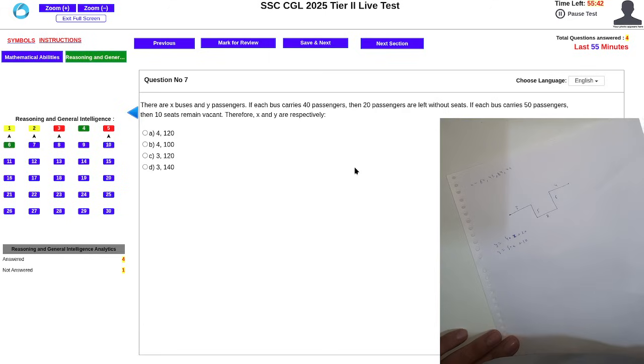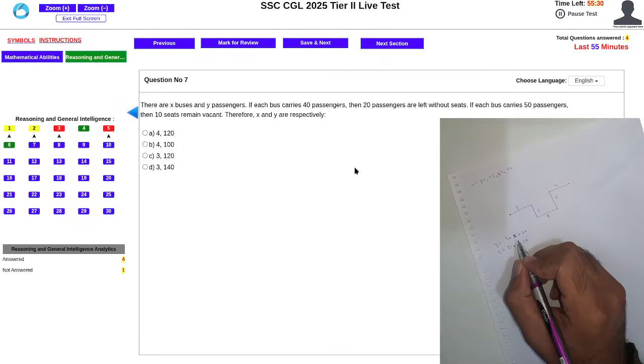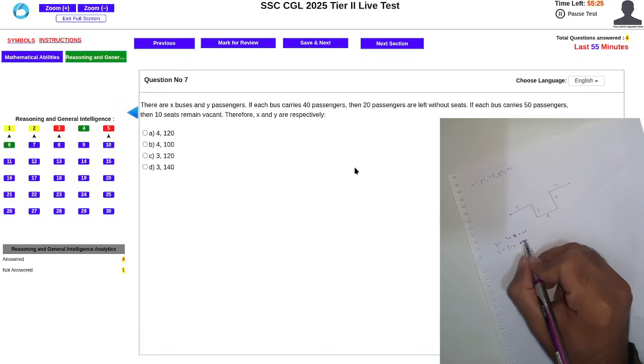X and y. If each bus carries 50 passengers, then 10 seats remain vacant. I'm sorry, 40 passengers, so 20 passengers are left without seats.